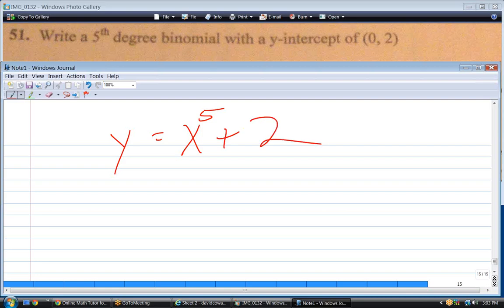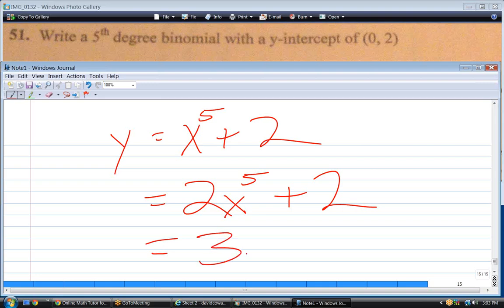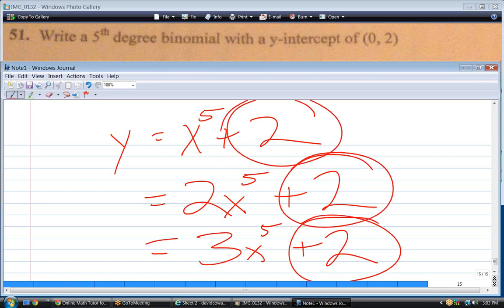There's one answer to this question. Another answer? As long as this constant is 2, that's always the y-intercept, is that constant.